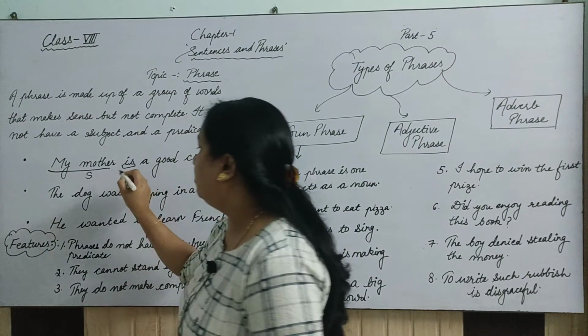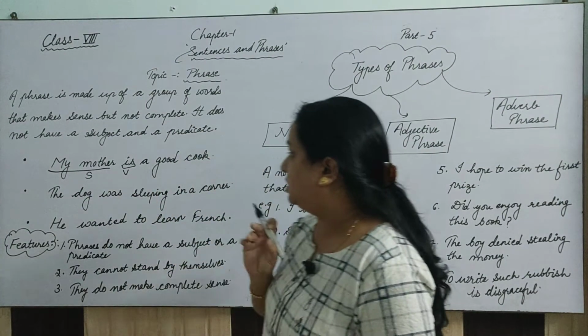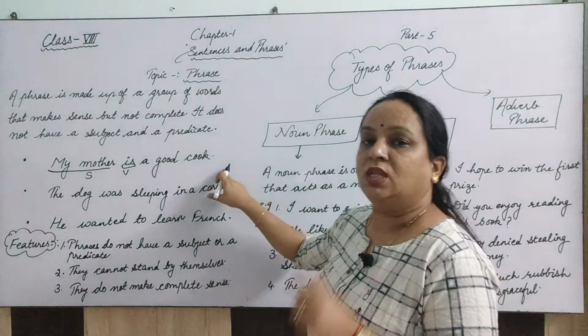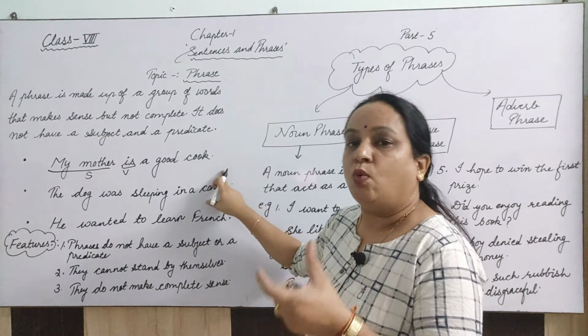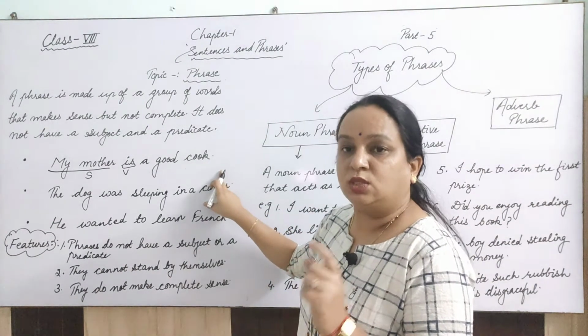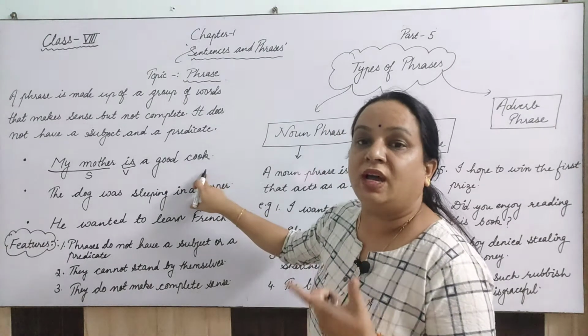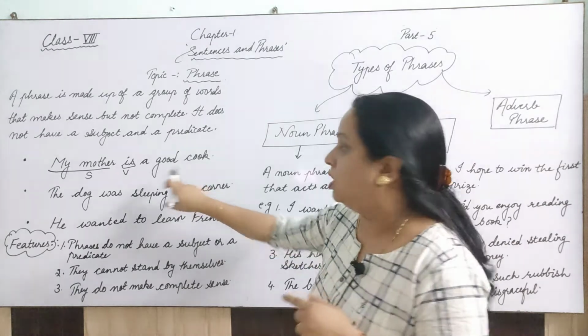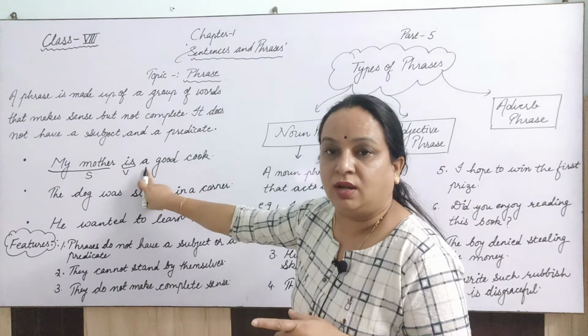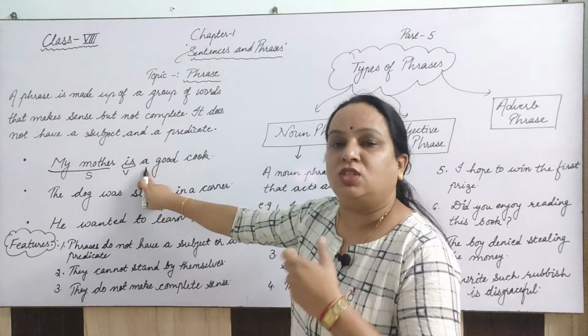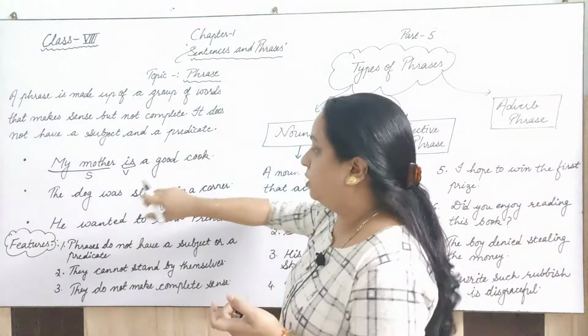And this is helping verb, so this is verb we will say. A good cook, this is a part of the sentence which is a phrase, clear? This is working as a phrase, and moreover this is having a modifier also, a good cook. So this is what? Modifier here. So this phrase will generally start with the modifier, okay?